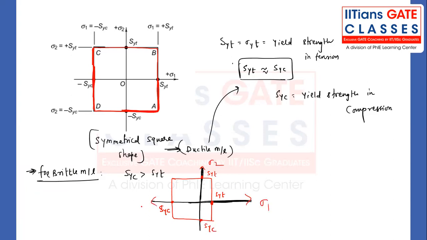Sigma 1, sigma 2. So what you can say is this is unsymmetrical, an unsymmetrical square shape. The safety region for brittle material would be something like this. Right? Make a note of it. Very, very important.